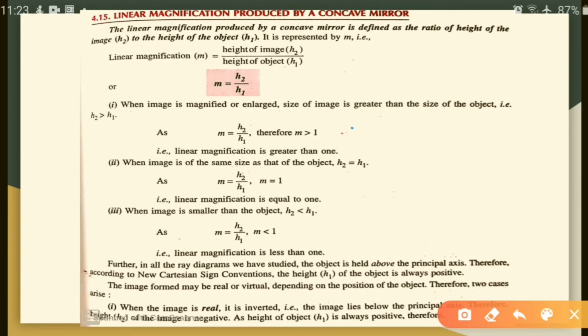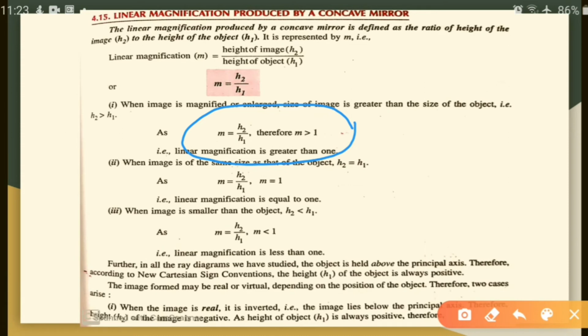If magnification is greater than 1, this means that h2 upon h1, or you can say hi upon ho. Here hi is denoted by h2 and ho means height of the object, denoted by h1. If h2 upon h1 is greater than 1, it means magnification is greater than 1.